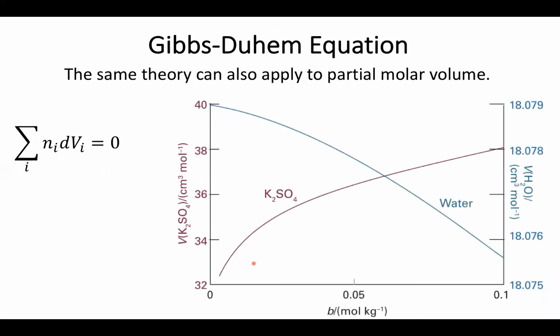However, one of the other useful things is, because chemical potential follows the same functional form as partial molar volume, we can actually apply the Gibbs-Duhem equation to partial molar volume as well.